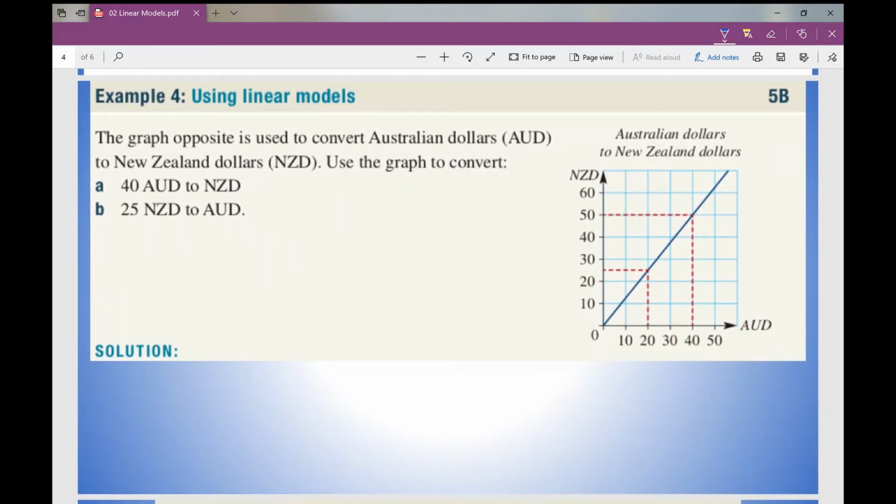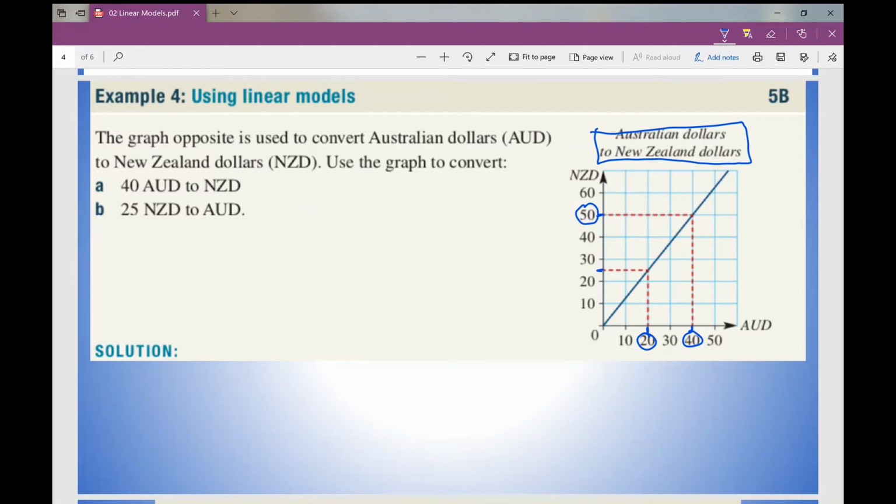So here we have a graph that displays the conversion between Australian dollars and New Zealand dollars. You can see here that 40 Australian dollars converts to 50 New Zealand dollars, and here that 20 Australian dollars converts to about 25 New Zealand dollars.